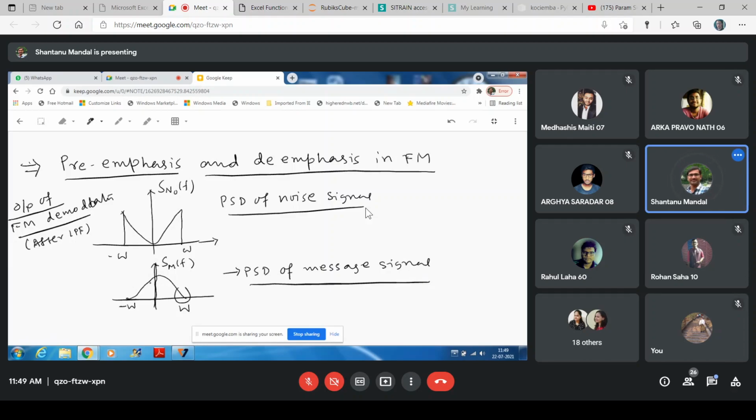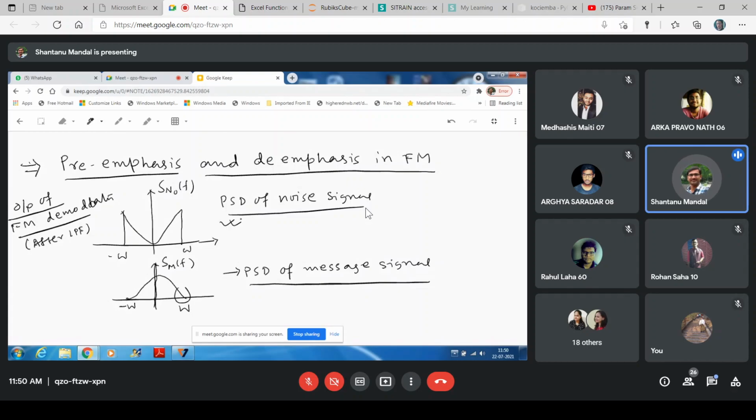So as a result, some distortion is there at the output of the FM demodulator.